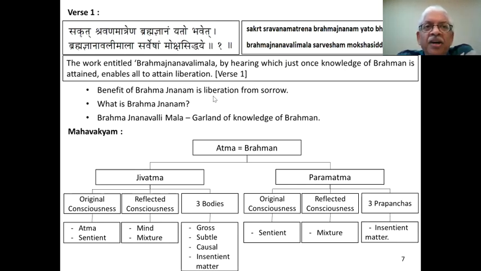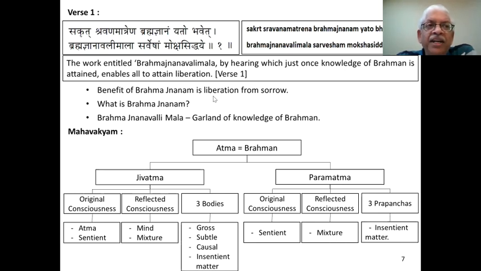They are subtle in nature because they are created before the gross elements were formed. They are created by subtle elements. We have seen this in Tattva Bodha. So the gross body is made up of gross elements, the subtle body made up of subtle elements. The causal body is nothing but the body in which we sleep.